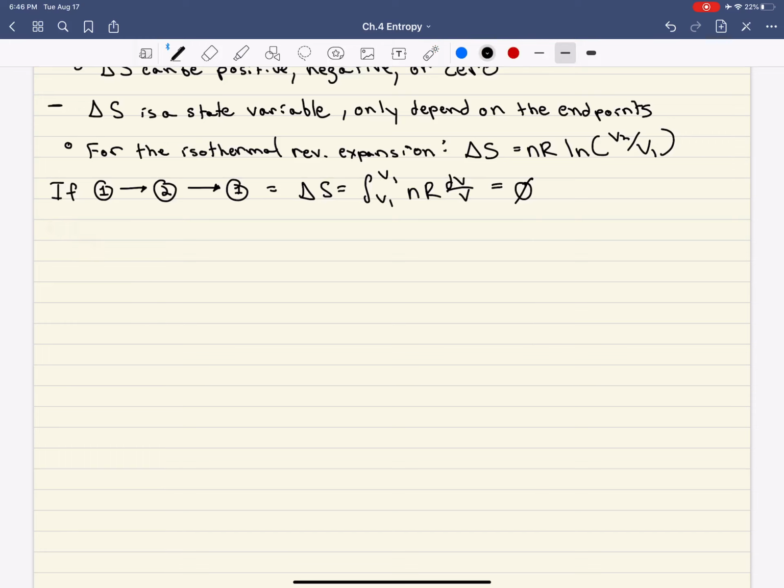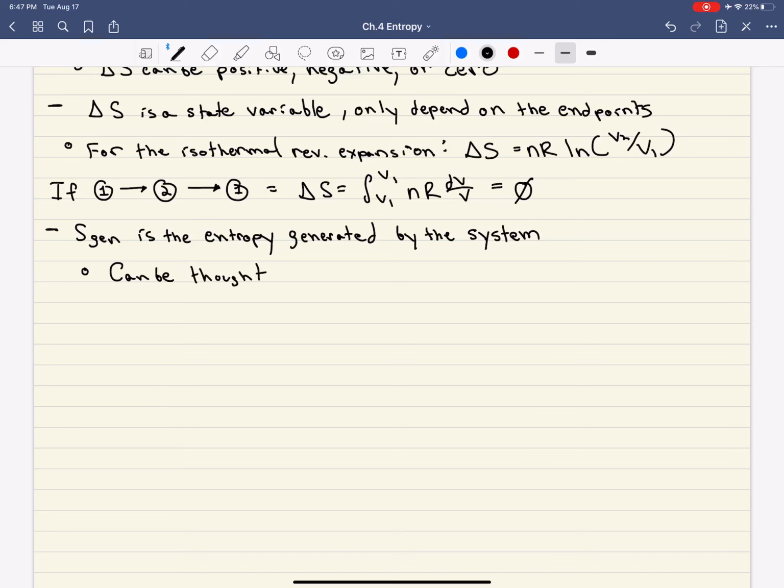The next thing I want to talk about is S-gen. This is the entropy generated. S-gen is the entropy generated by the system. To relate this back to our previous discussion about heat engines, you could think of S-gen as the heat lost by the system divided by temperature.